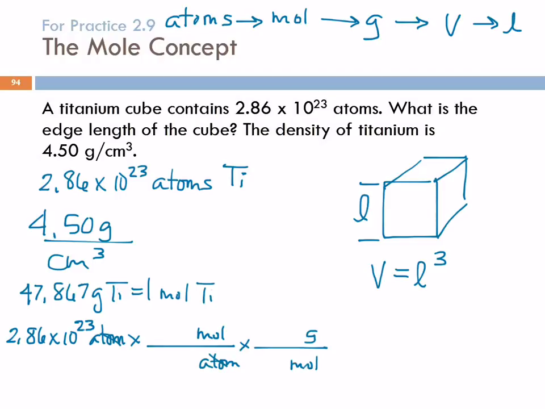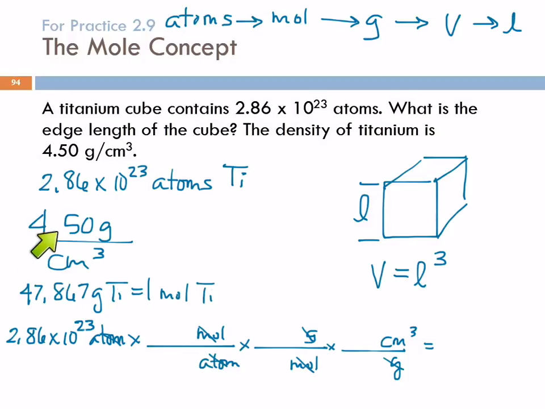And moles down there, so they cancel out. And then from grams, I want to go to volume. And looking at this density, this is grams per cubic centimeter, so I could get to cubic centimeters from grams. At that point, I need to use an equation. So I have to stop, take that value, and deal with the equation.